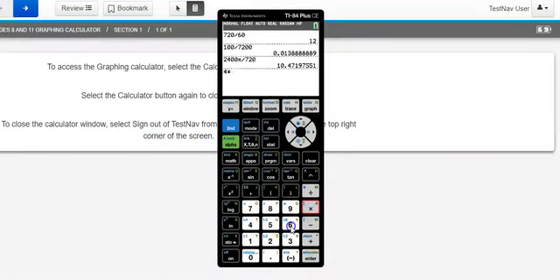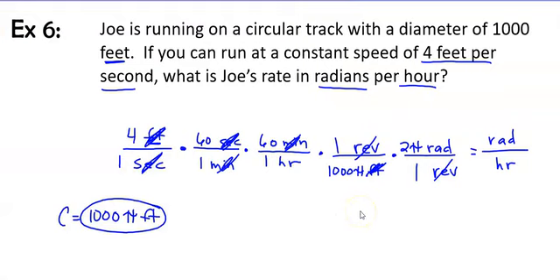4 times 60 times 60 times 2, and I'm going to leave the pi out, and I'm going to say 28,800 pi. Over, equal sign here, over at the bottom, which is just 1 times 1 times 1 times 1,000 pi.